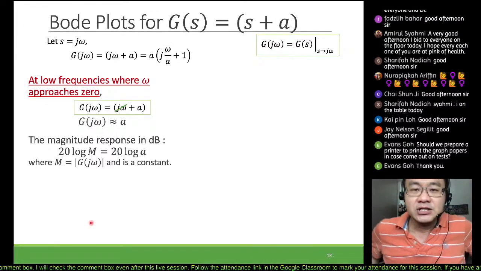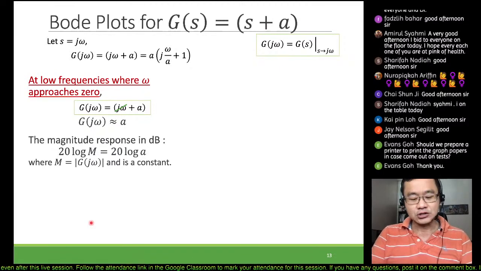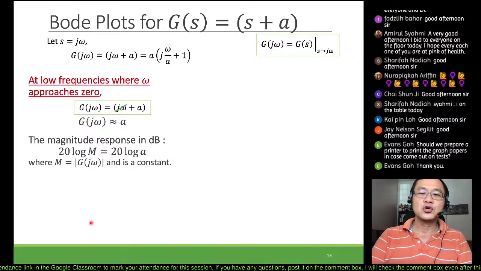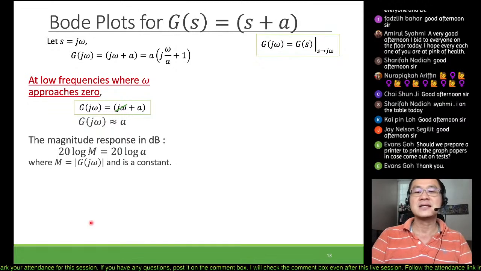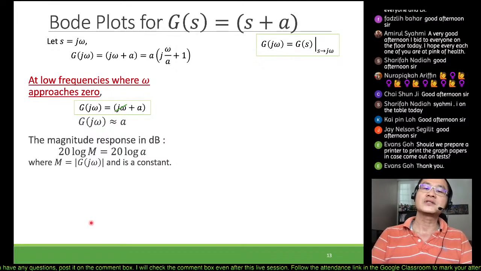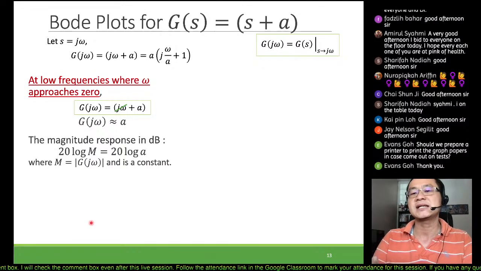So this approximation plotting is also important for us because, as you know, we have software like MATLAB and Scilab to actually do all this plotting. So these approximation lines are useful for us to double check the answer.